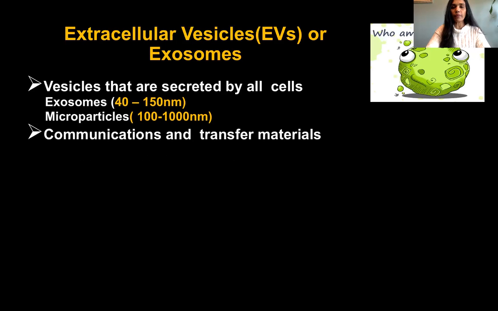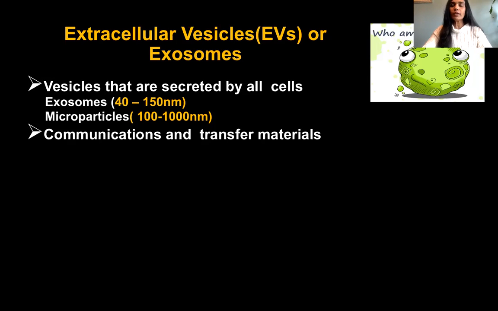They range from 40 nanometers to 1000 nanometers. Based on their shape and size, the smaller particles within the range of 40 to 150 nanometers are called exosomes, and the rest of them are microparticles. So to be safe, in my talk, I use the term extracellular vesicle instead of exosomes. Both are the same in this case.